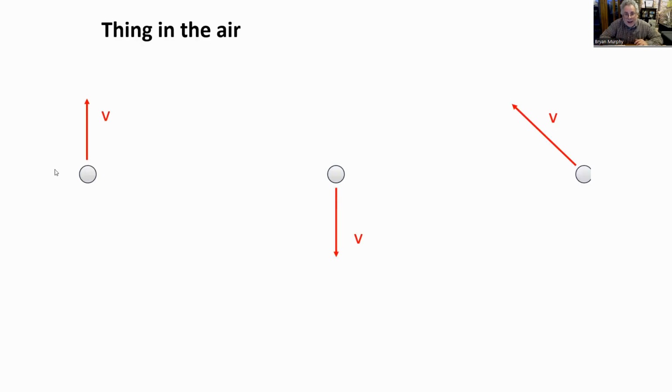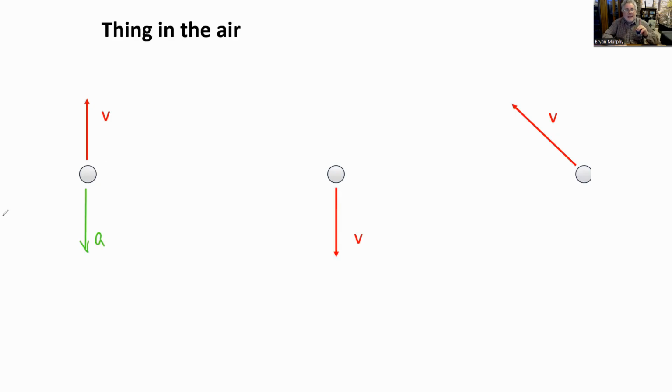Now I'm going to add to those, in green, the acceleration. The force is acting downwards. Therefore, the thing is going to accelerate downwards like that. So that is the acceleration.